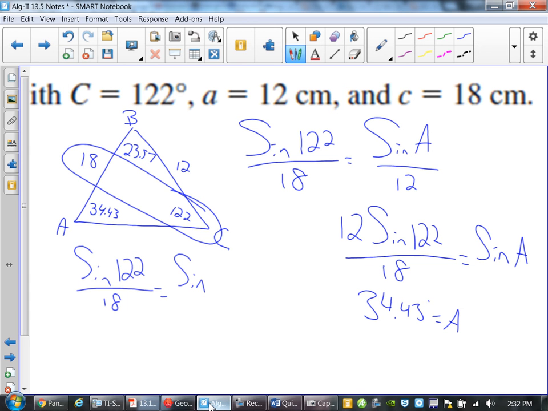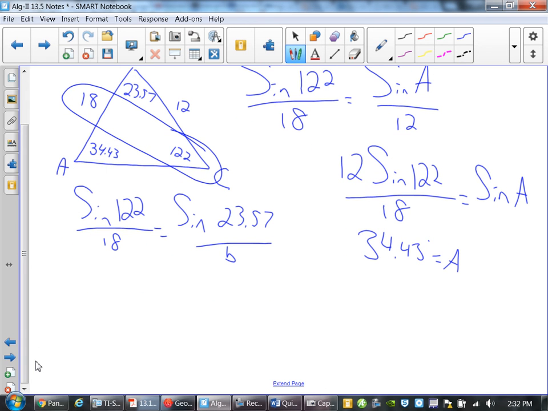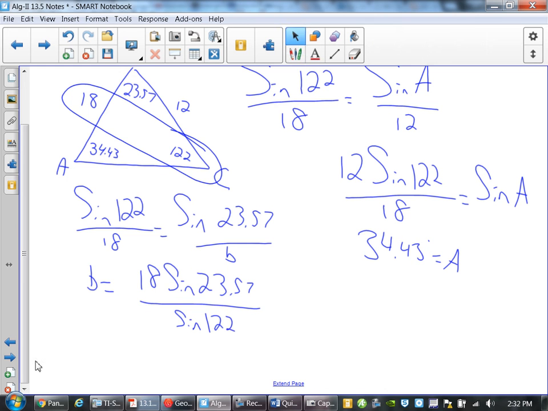Sine 23.57 is to little b. And you just get some values. And you're pressing more buttons.